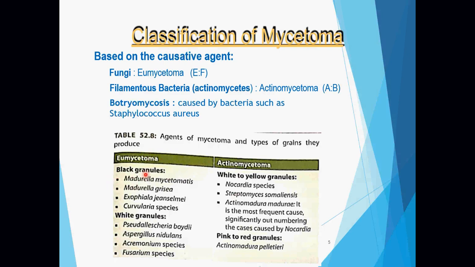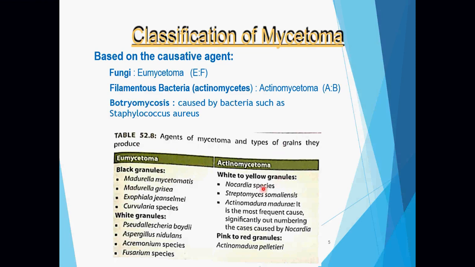Eumycetoma produces black granules. Black granules are produced by Madurella mycetomatis, Madurella grisea, Exophiala jeanselmei, and Curvularia species. White granules are produced by Pseudallescheria boydii, Aspergillus nidulans, Acremonium species and Fusarium species.